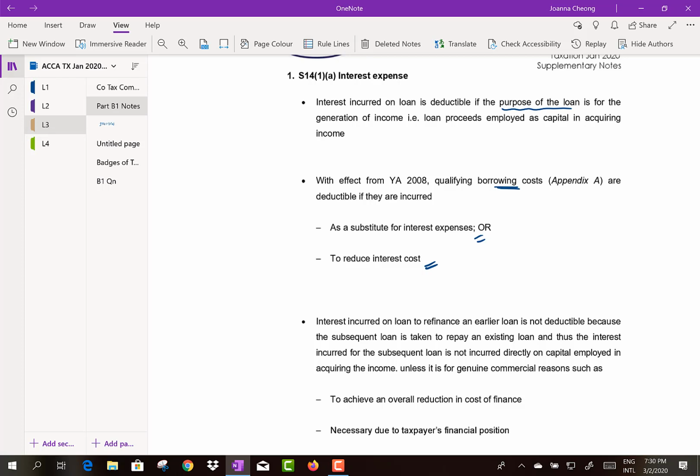As a result, you can get lower interest costs. So the question will definitely tell you whether it helps you to have a reduction in interest costs. If it is, then such borrowing costs will be deductible. There is a whole list of borrowing costs I've included inside Appendix A, but one common one will be guarantee fee.